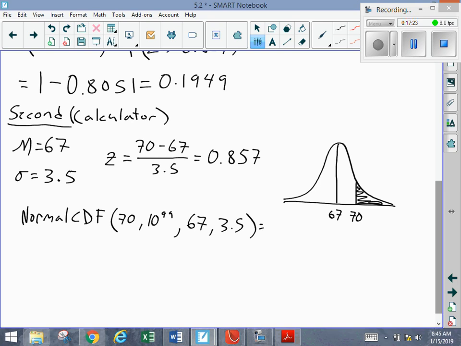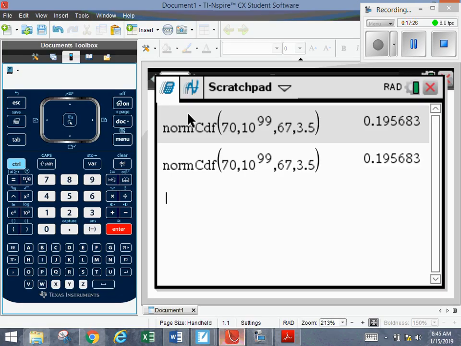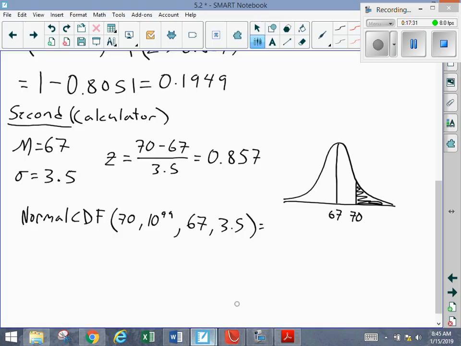But that is equal to the desired probability, which is approximately 0.196. Okay? So two ways to do it. Using your table of values and using your calculator. I highly recommend you do the calculator. But don't do the calculator without drawing the picture, because you have a higher tendency of getting it wrong. I'm doing what I just did.